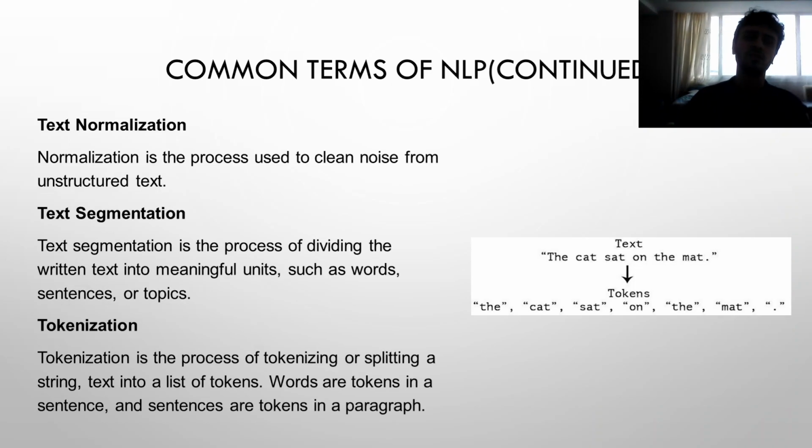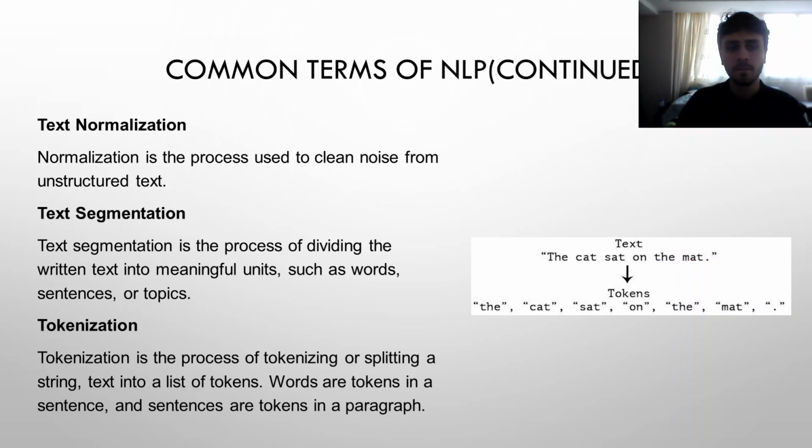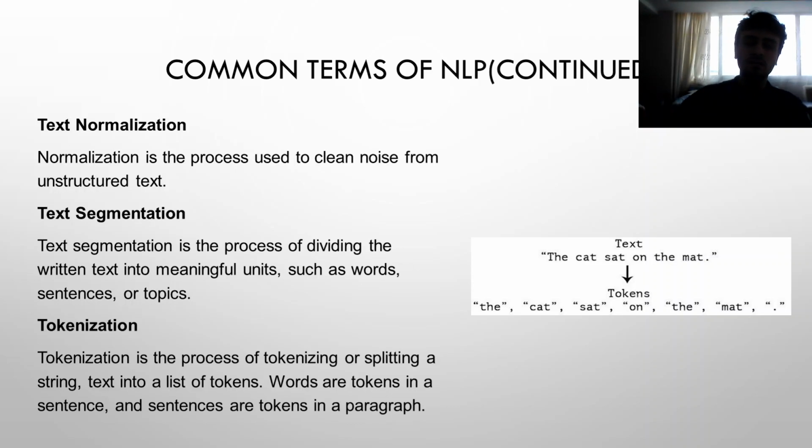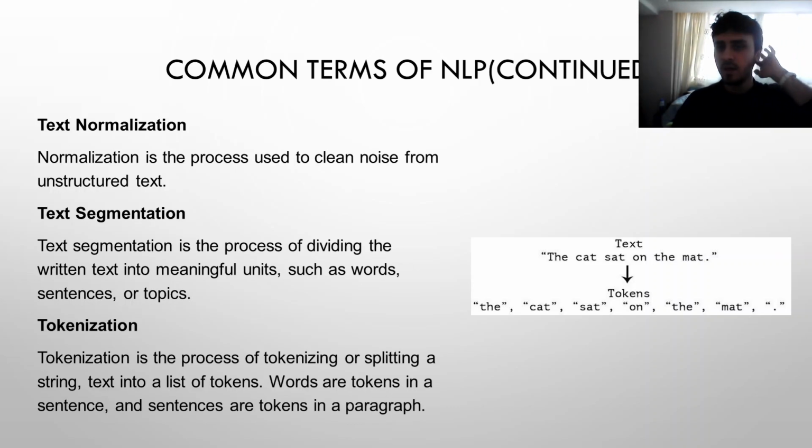Text normalization. Normalization is a process used to clean noise from unstructured text. Segmentation is the process of dividing written text into meaningful units, such as words, sentences, or topics. And tokenization is the process of splitting a string of text into a list of tokens. Words are tokens in a sentence, and sentences are tokens in a paragraph. On the right, you can see tokenization of a sentence.